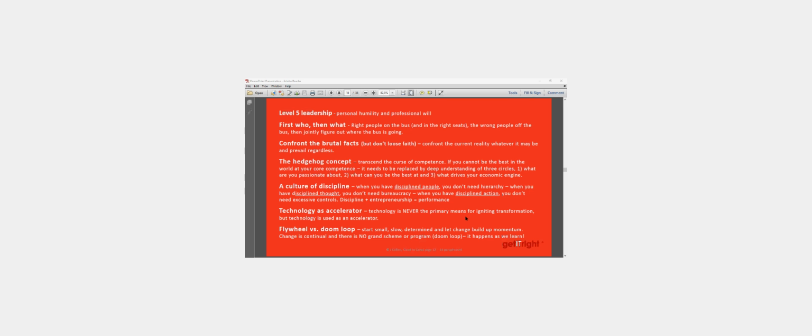The second principle is first who. What these leaders got right is they first assembled a team around them of competent people, the right people, the people that they can gel with, work with, or sometimes who challenge them the whole time. And they got rid of the wrong people, figuring out where everybody needs to fit on the bus.